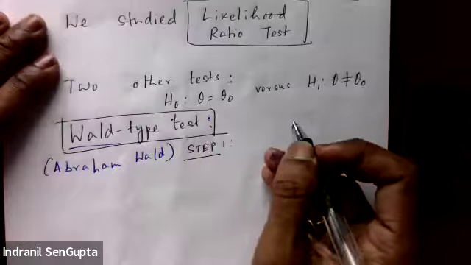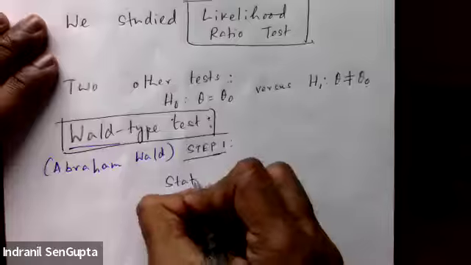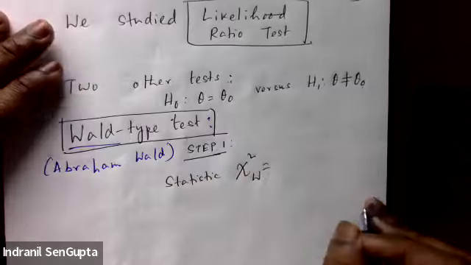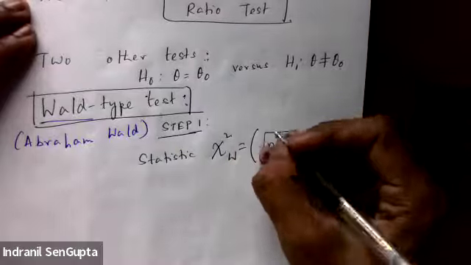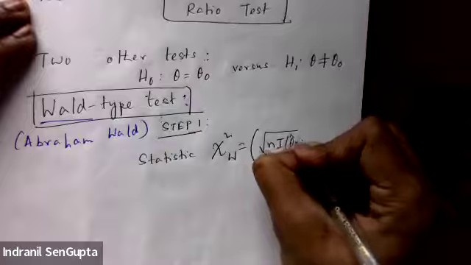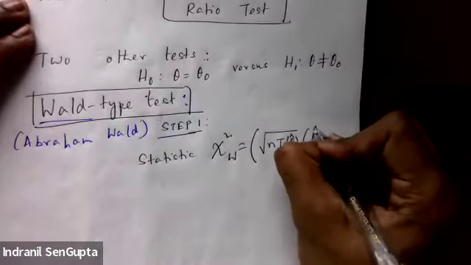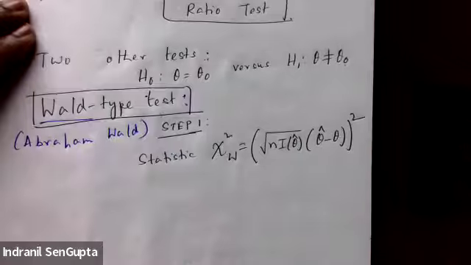I'll not discuss this in detail, but consider the statistic chi squared W, which is square root of n I theta hat, again, this is the Fisher information that we discussed in the last section, times theta hat minus theta, squared.